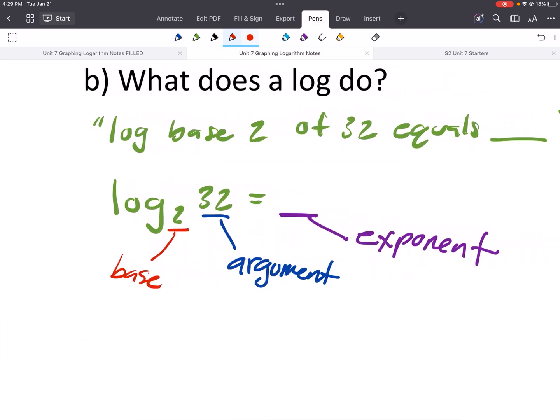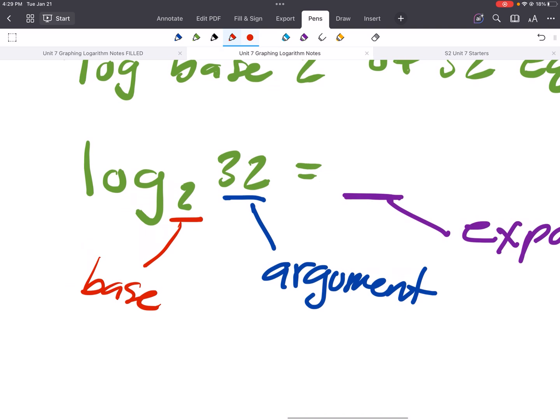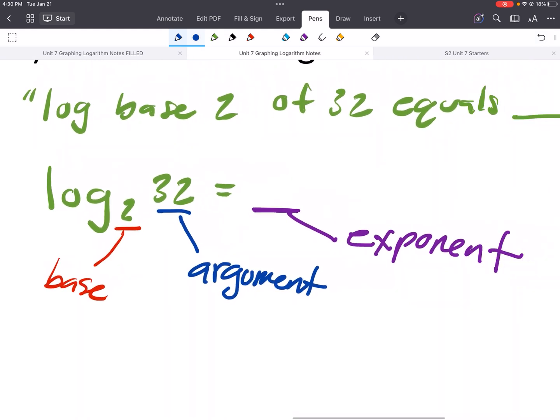What this is actually asking is, 2 to what power is equal to 32? So our answer should be an exponent. What would be the exponent that you need? For this one, we would need it to be 5.